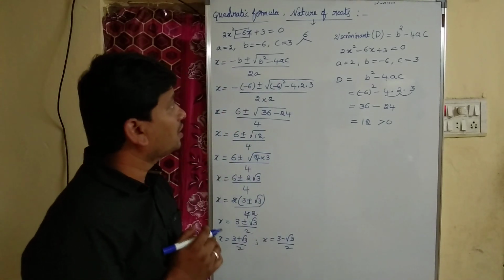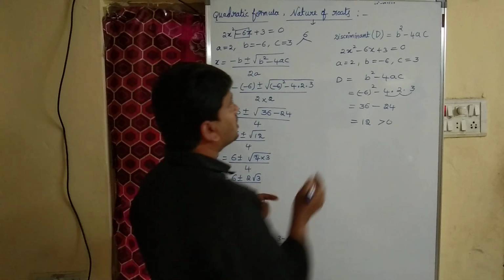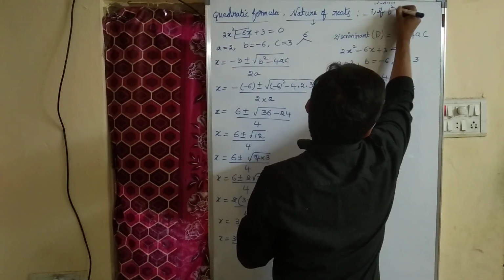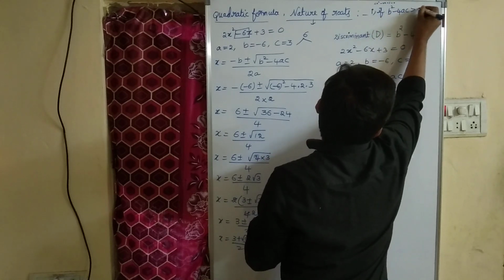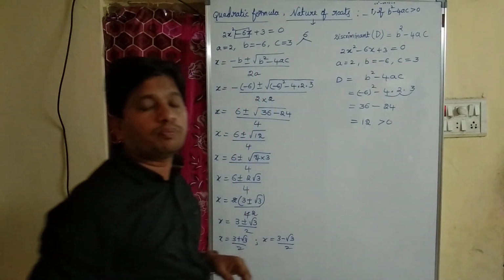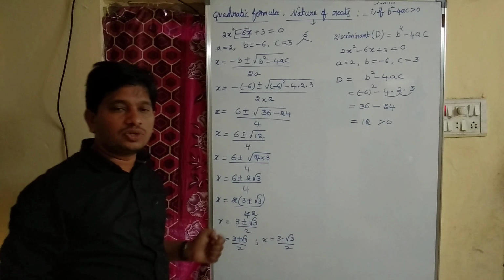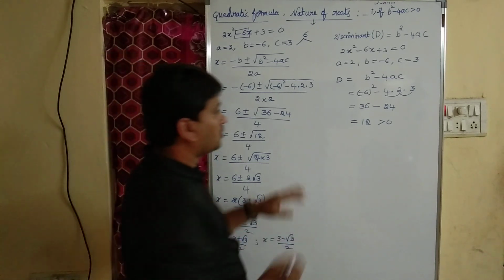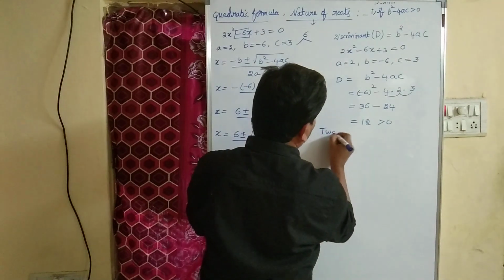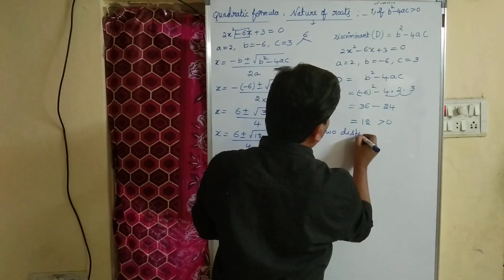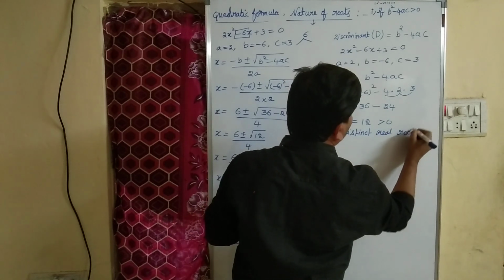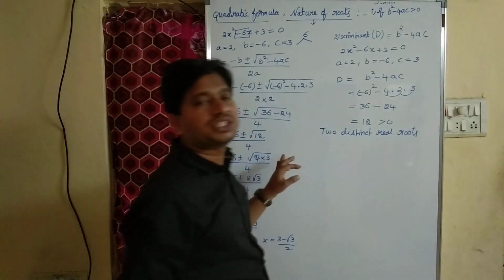So children, the condition number 1 is: if b square minus 4ac is greater than 0, then you will get two distinct real roots.